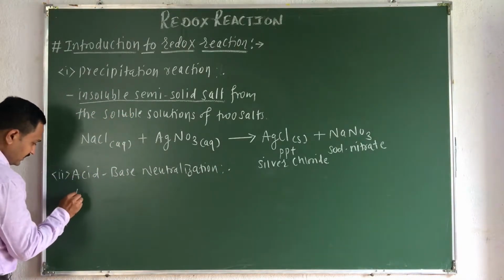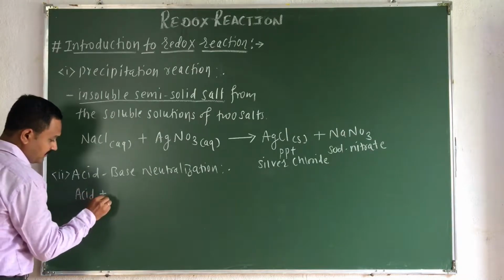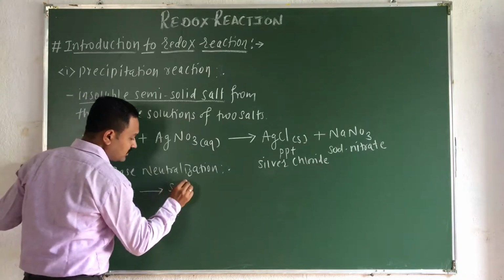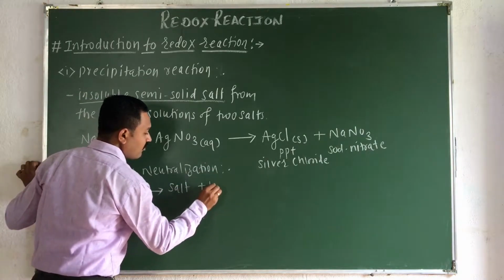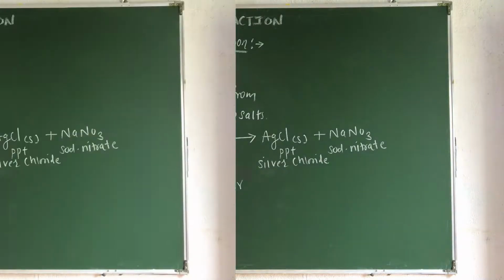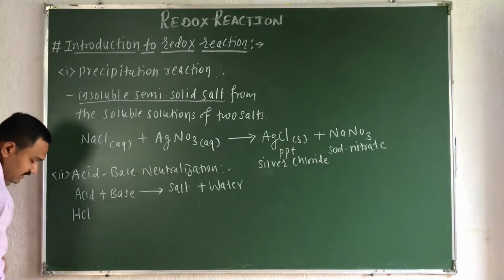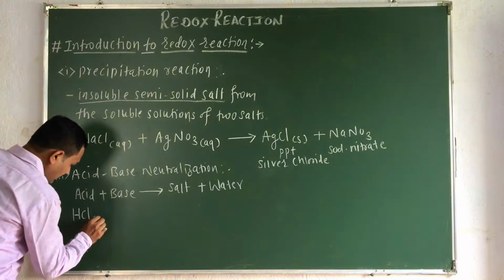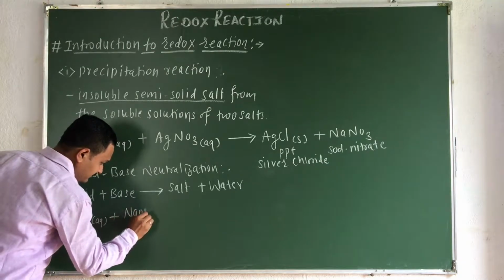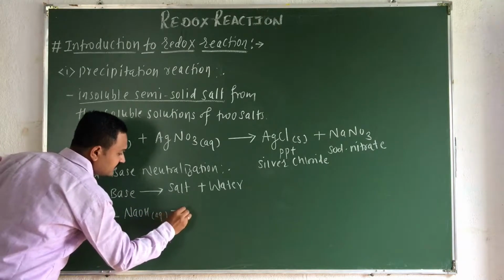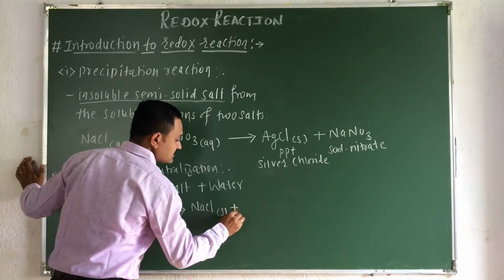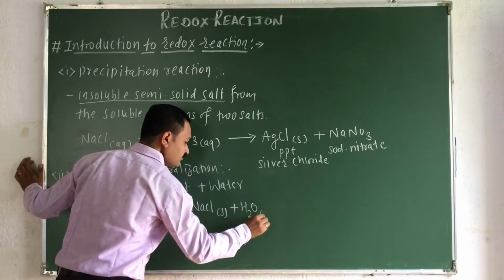We know that whenever an acid combines with a base, it forms salt and water as products. Again, if I have taken aqueous HCl plus mix it with NaOH, that is your base, it gives NaCl plus H2O, water.